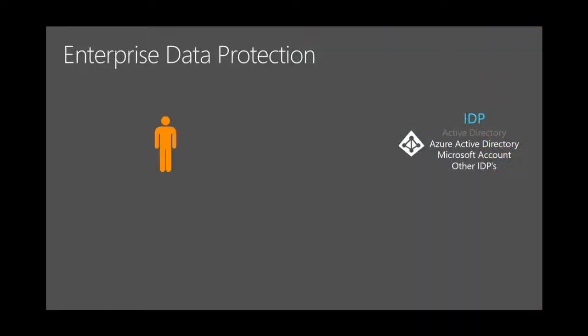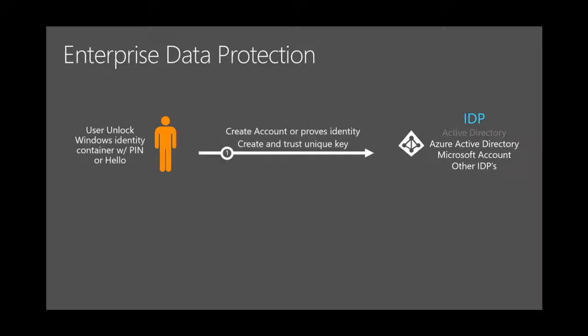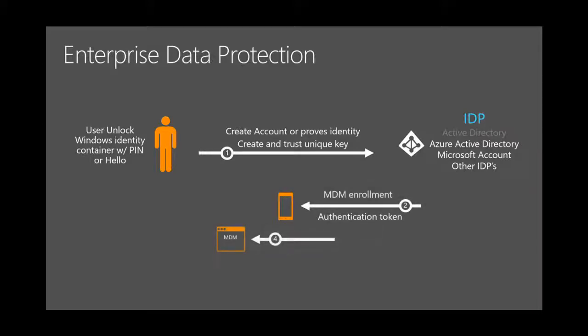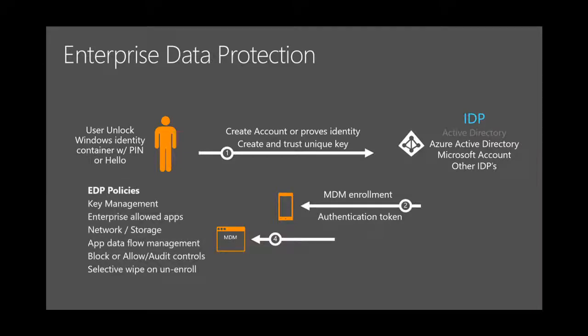This is available across the board for desktop as well as mobile devices. So when the user creates this trust relationship with the IDP, it gets the authentication codes and is managed by the MDM. EDP is MDM dependent. Without a mobile device management system of your choice, you won't be able to apply enterprise data protection to a device. The name is probably going to change, but at this point we call it enterprise data protection.